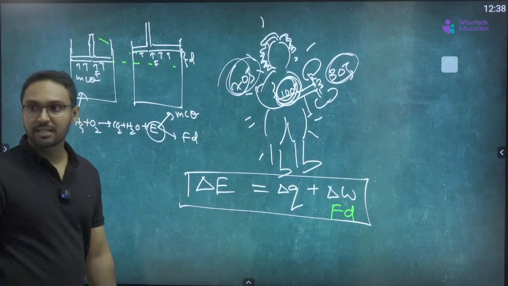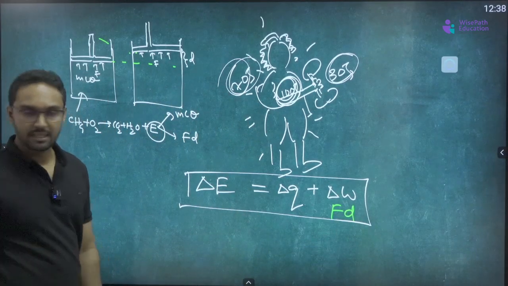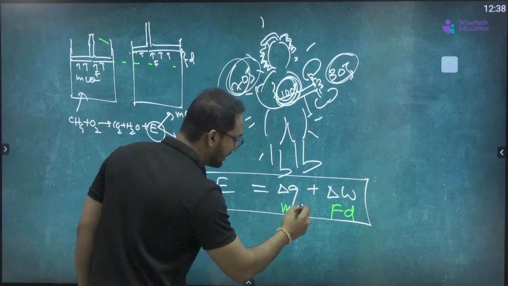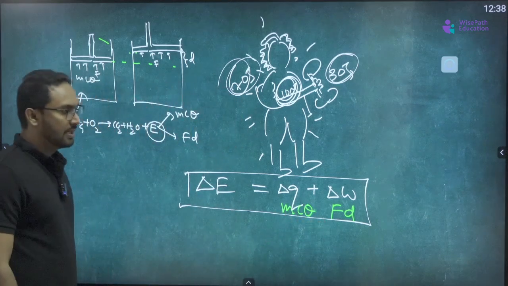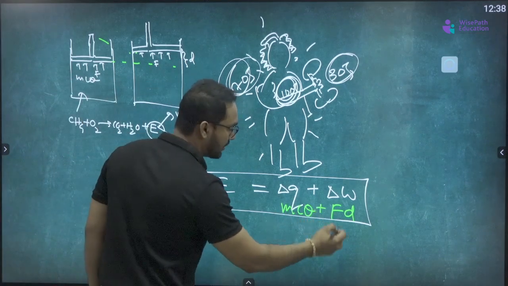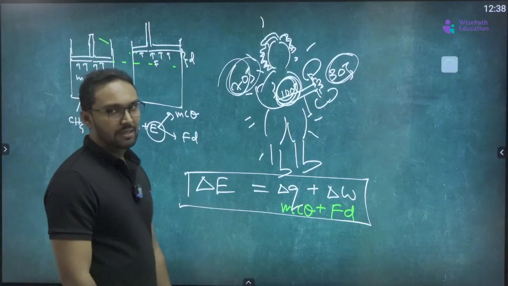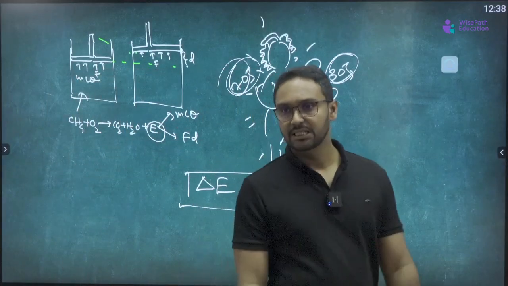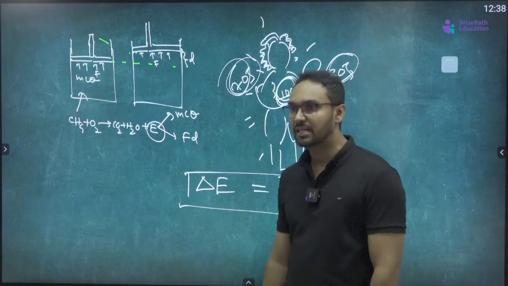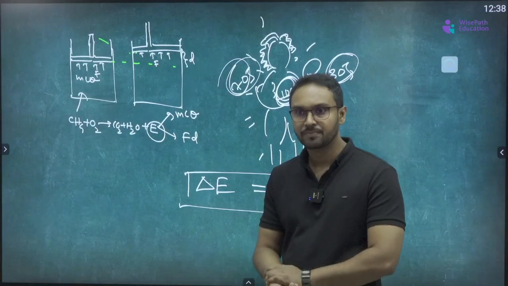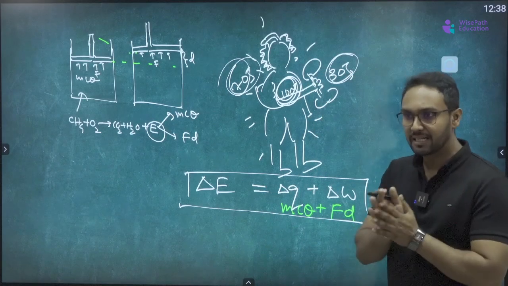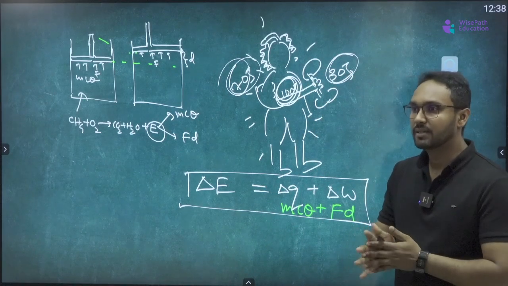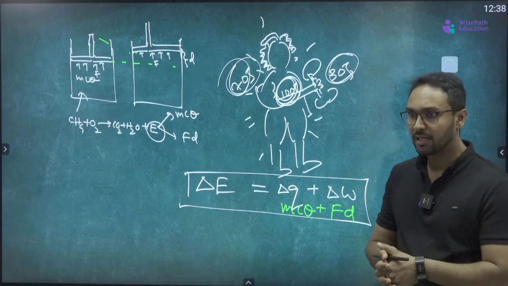And how do you calculate the heat released? That is m c theta. So using these two, you can calculate the internal energy, right? Hands up those who understood it. So you can calculate the internal energy by the work done and the heat release.